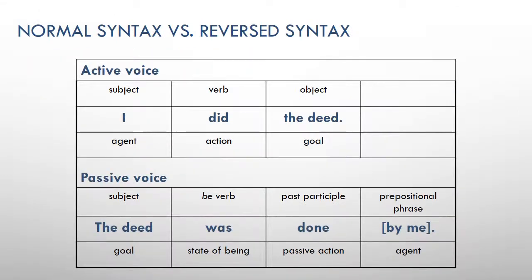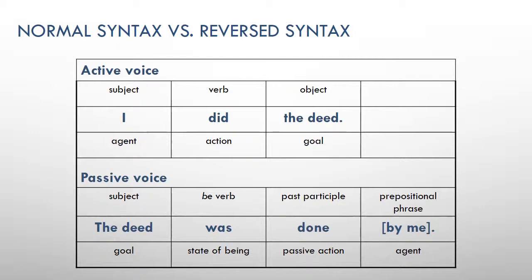Let's look at normal syntax and how passive voice reverses the syntax. In active voice, you might have a sentence such as, "I did the deed," where you have subject, verb, object, and you have an agent that acts and accomplishes a goal, or the object.